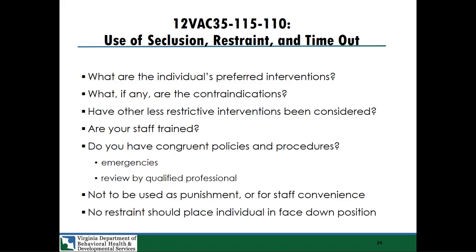One key piece to this is that no restraint should place an individual in a prone position or in a position that places the individual face down.